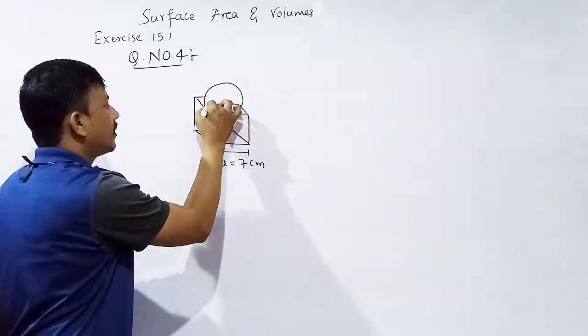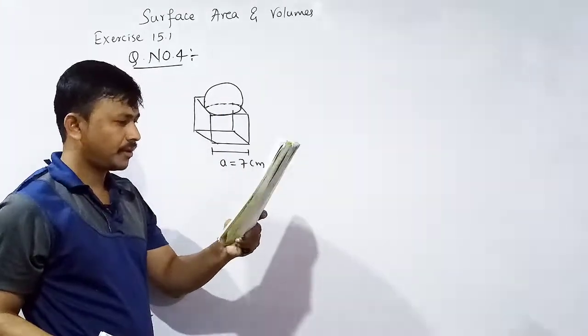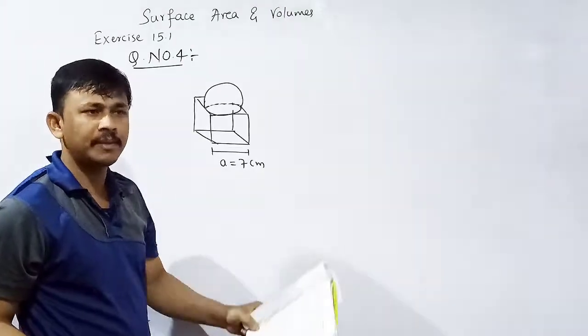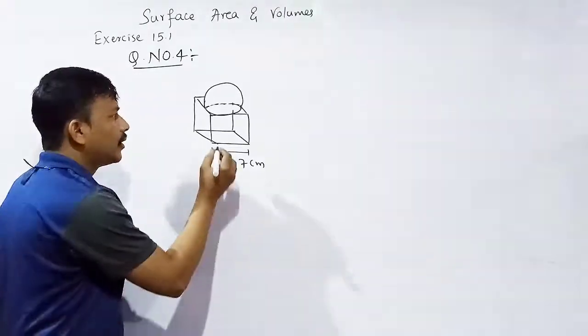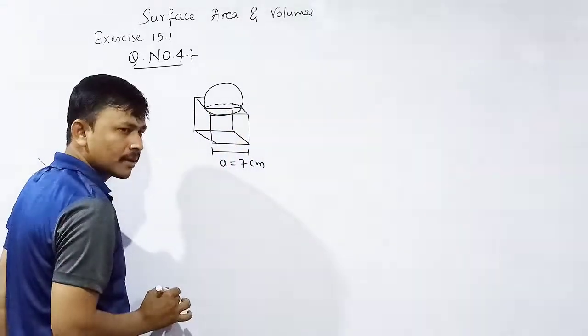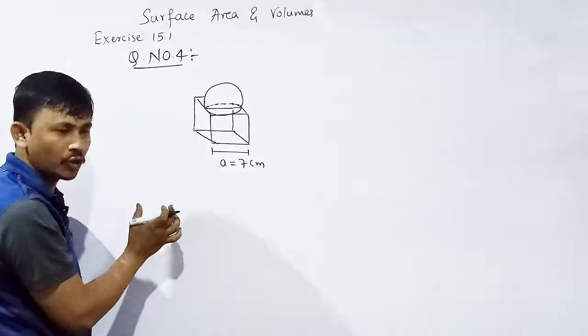This is the hemisphere. What we need to find out? What is the greatest diameter of the hemisphere which can have? Look here. This is the diameter of the hemisphere. Yes or no? That means which is equal to the edge of the cube.